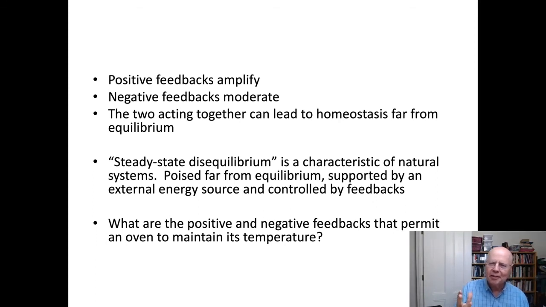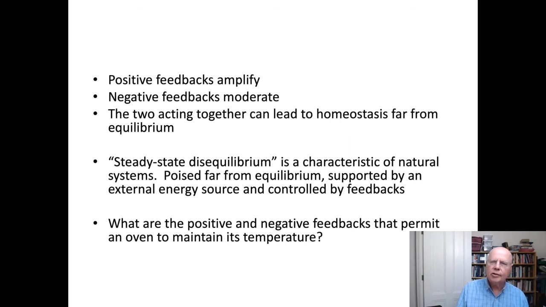A cannon would be an even more dramatic example. That's a positive feedback. A negative feedback is you push in one direction and something compensates for it. An example would be sweating when we get too hot. So these two things acting together are what lead to this possibility of a steady state disequilibrium, to this homeostasis.